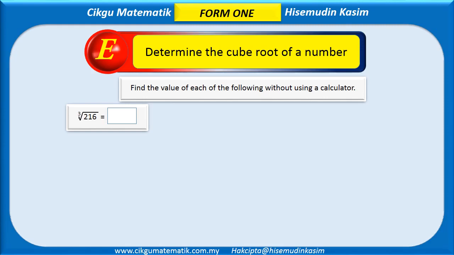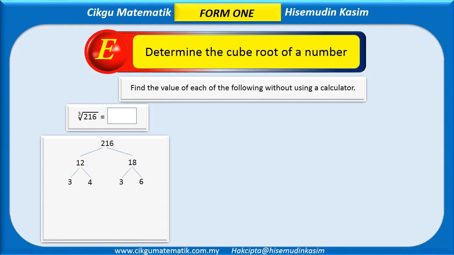Cube root of 216. 216, 12, 18, 3, 4, 3, 6, 3, 2, 2, 3, 2, 3. 3 identical groups with the same value.